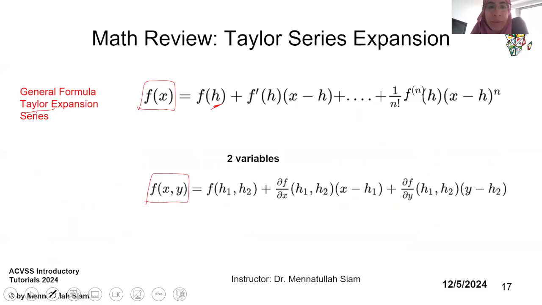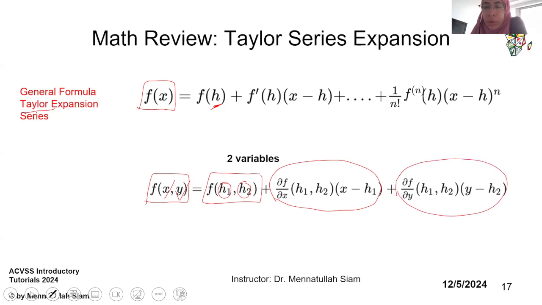So I have a function of x and y. You can say it is equal to f of h1, h2. This is the point I'm evaluating, expanding with respect to it. And then adding the first derivative partially with respect to x, the first derivative partially with respect to y.